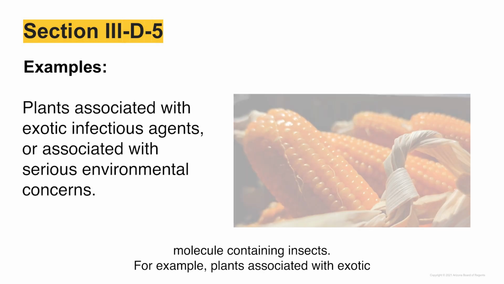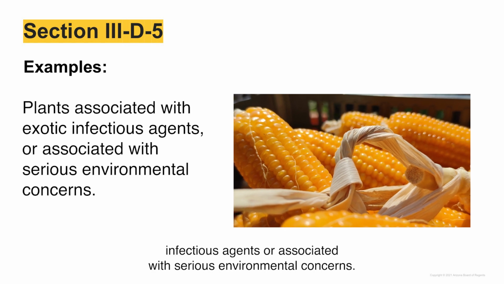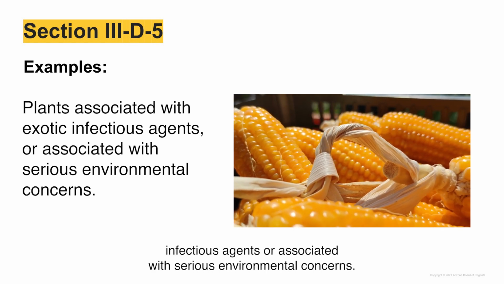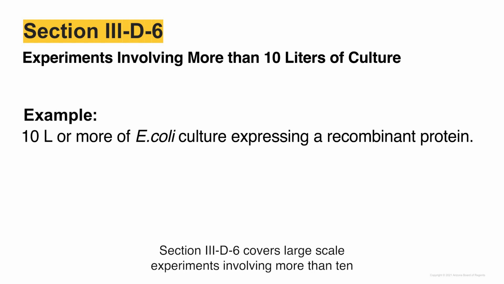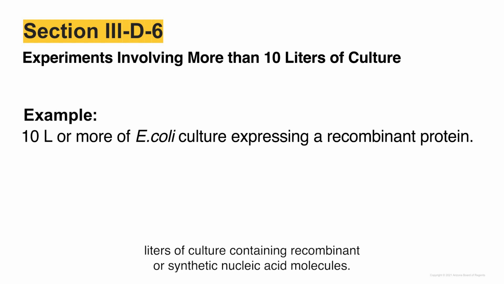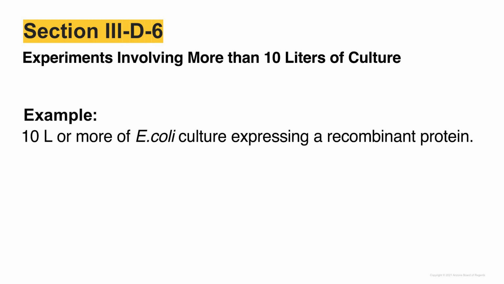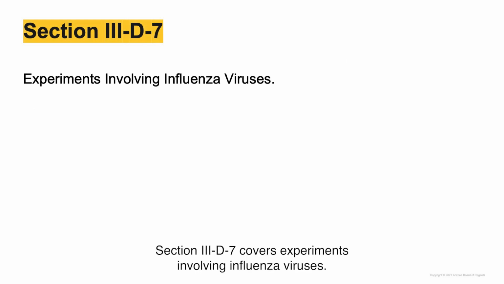For example, plants associated with exotic infectious agents or associated with serious environmental concerns. Section 3D6 covers large-scale experiments involving more than 10 liters of culture containing recombinant or synthetic nucleic acid molecules. Section 3D7 covers experiments involving influenza viruses.